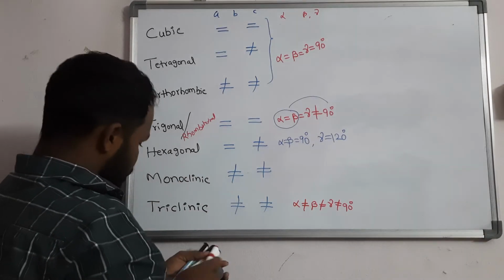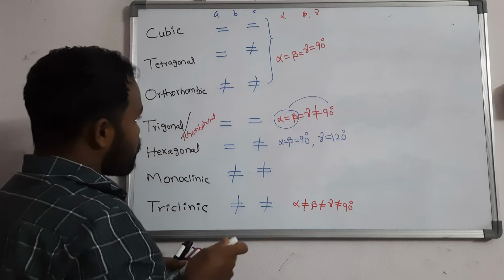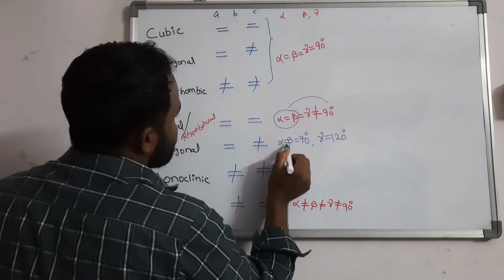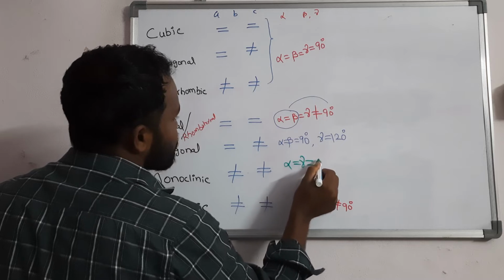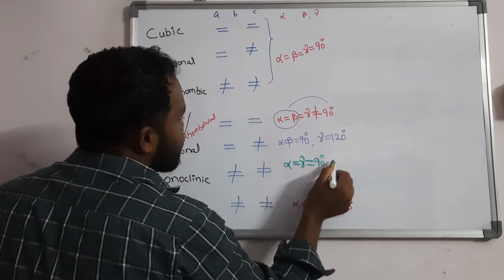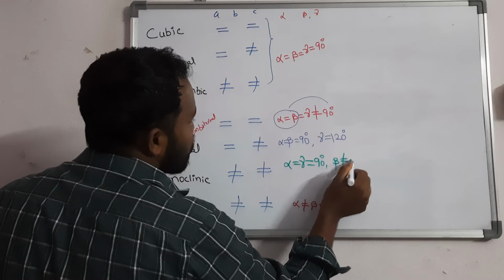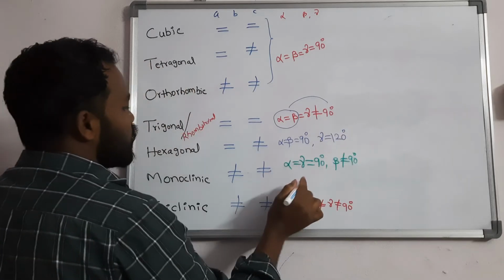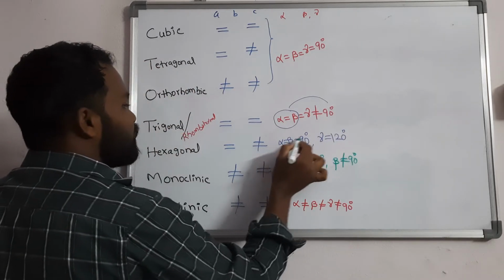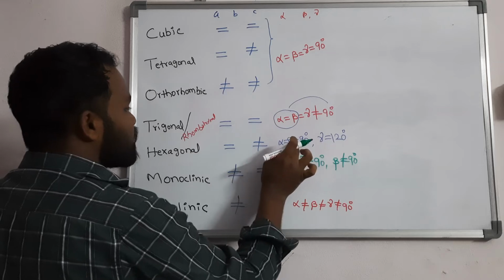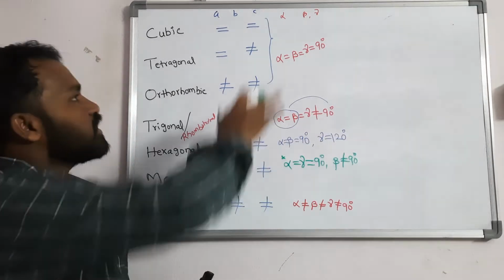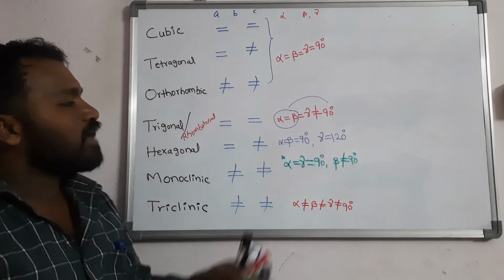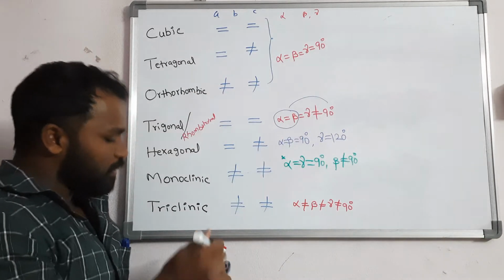And for the next one, you should write gamma is 90, and beta is automatically not equal to 90. This is the thing you should remember. If you know this, you can write just gamma in place of beta, then beta not equal to 90. This is the way you write alpha, beta, gamma. Like this way you should remember.